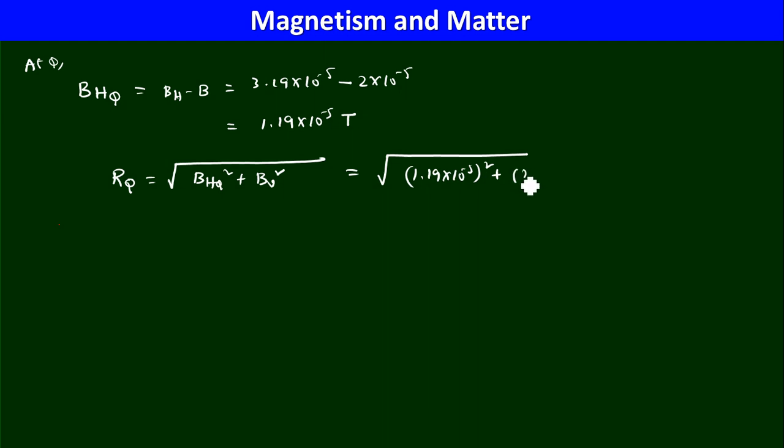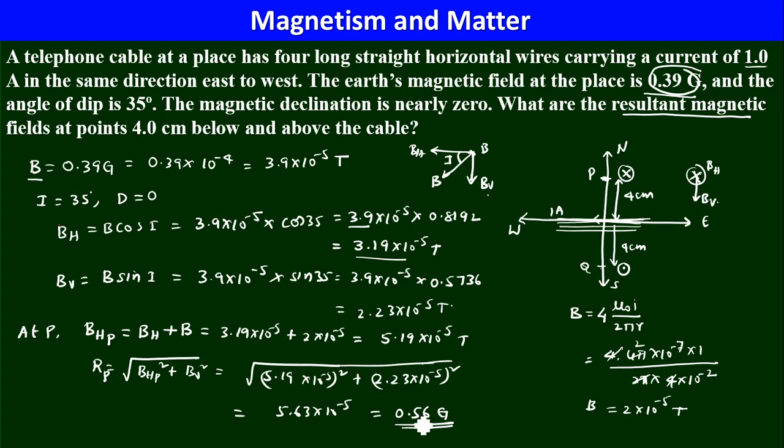That is 2.2 into 10 power minus 5 whole square. If you square both of them, add them up, and find the square root of this value, you will get 2.5 into 10 power minus 5 Tesla. Let us convert this into Gauss. It will be 0.25 Gauss. So this one is the resultant magnetic field at Q, and the resultant magnetic field at P will be 0.56 Gauss.